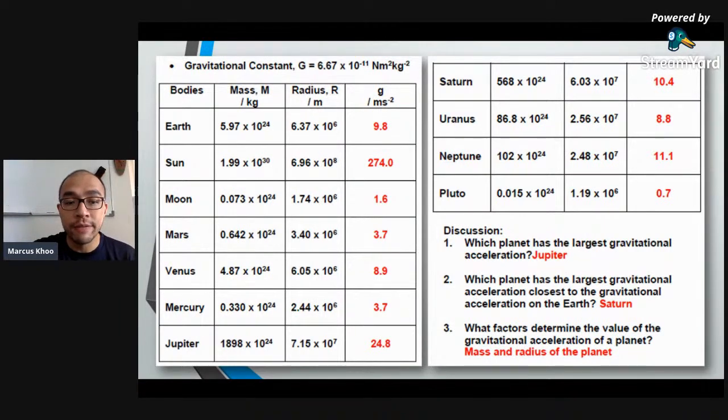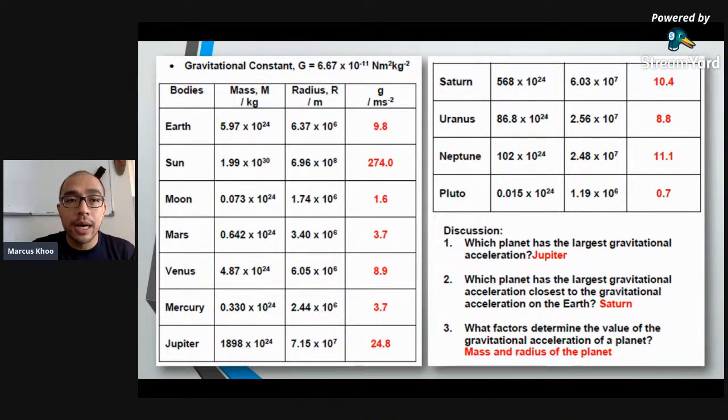As opposed to if you try to jump on Jupiter or try to do a long jump on Jupiter, you probably won't travel very far. Because the gravitational acceleration is so high that the gravitational field will immediately try to pull you down towards the surface of Jupiter. So it's pretty difficult.